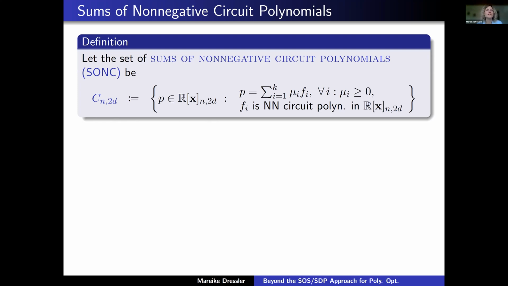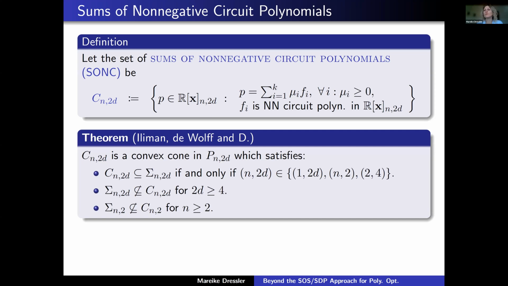But now we really want to see if this set forms a cone and how it lies regarding the SOS cone. So firstly, one can rather easily show that, yes, indeed, it is a convex cone, clearly living inside the cone of non-negative polynomials.